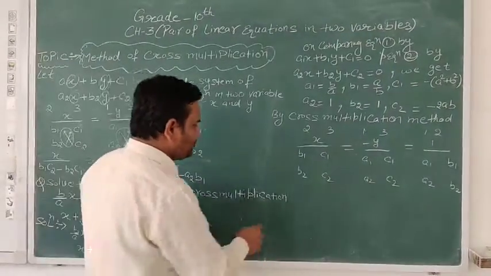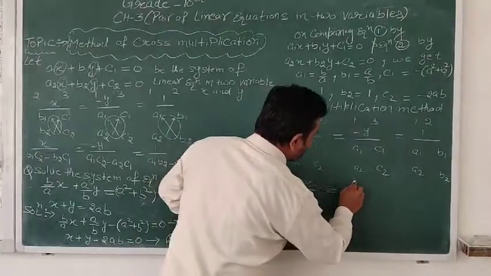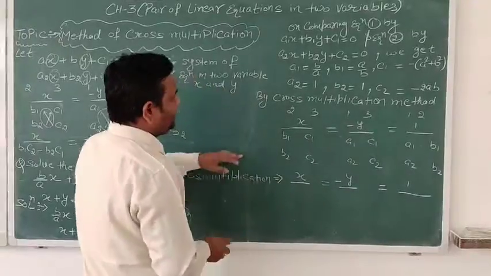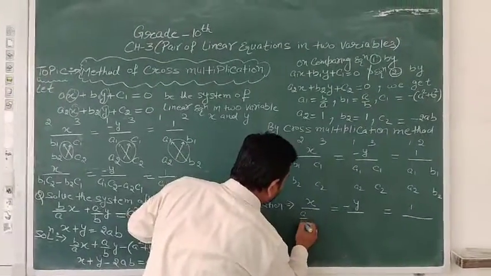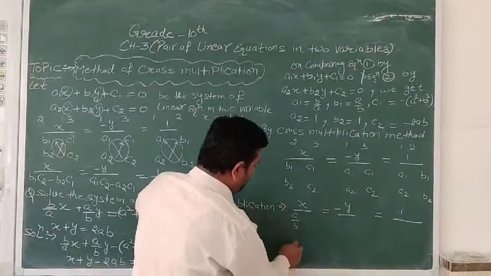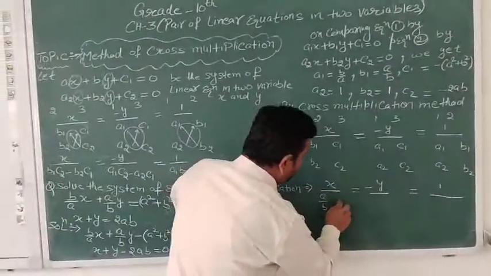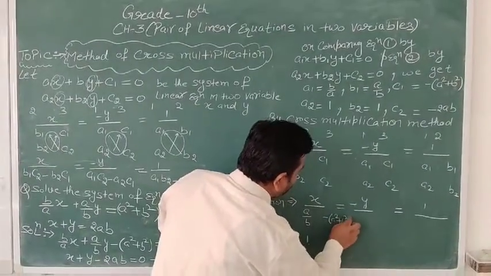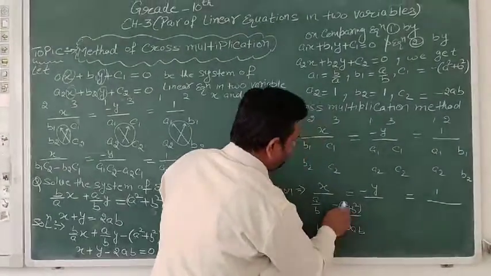Now let us substitute the required values here. x upon is equal to minus y upon is equal to 1 upon, x upon b1 upon b2. Be careful when you write the value, b upon a, and here is 1, and c1 upon c2. Here c1 is minus bracket a square plus b square within the bracket upon minus 2ab.